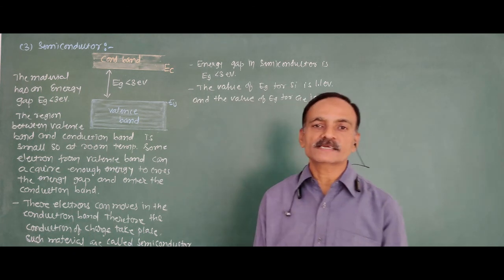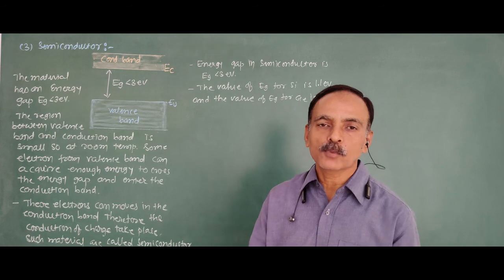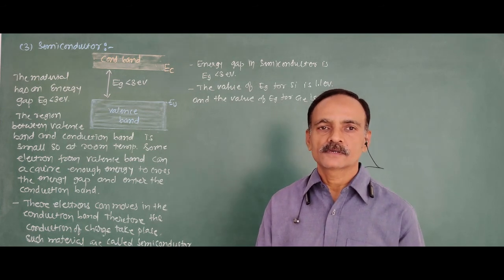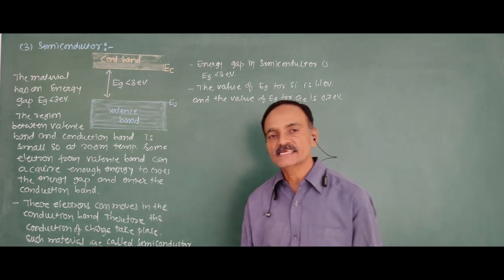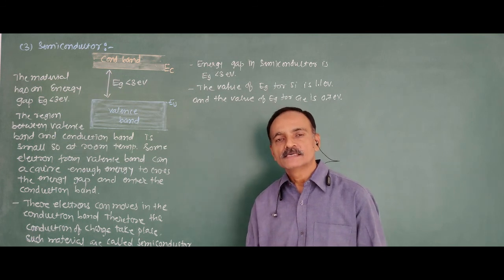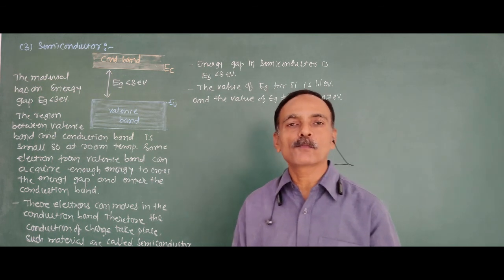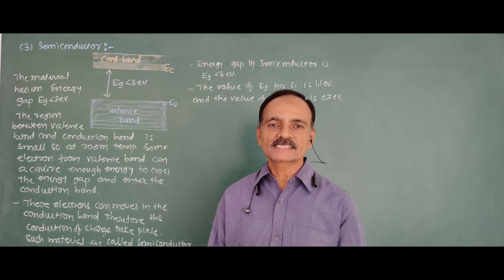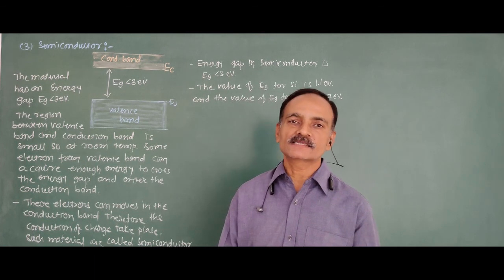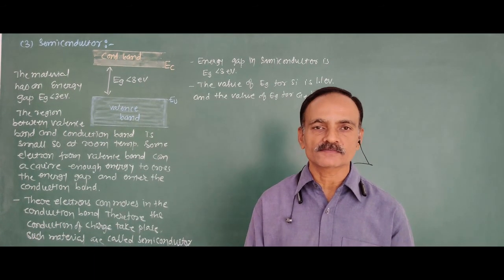Silicon and germanium are tetravalent. They have 4 valence electrons. But in a semiconductor like silicon and germanium, these 4 valence electrons form 4 covalent bonds with the 4 neighboring silicon or germanium atoms.